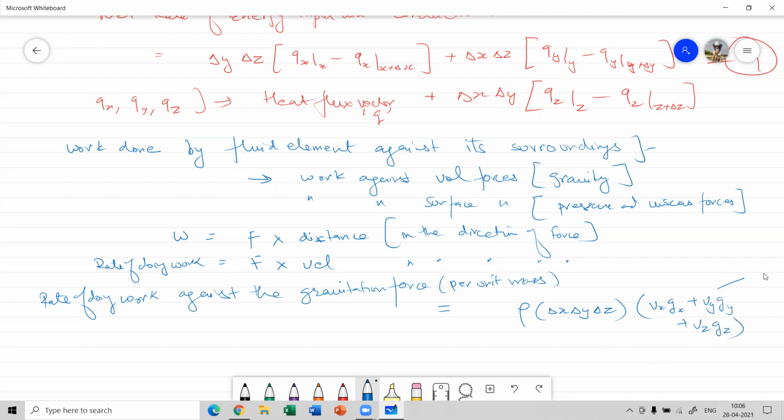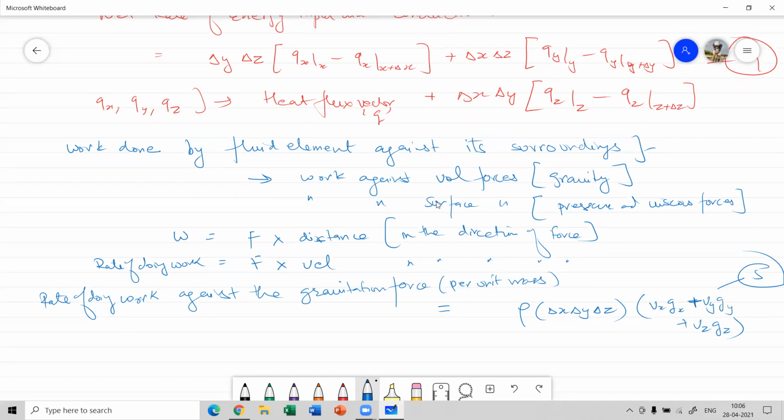So that's your equation number 5. That is the rate of doing work against the gravity forces per unit mass. So mass into this, force into your velocity component, and velocity with the gravitational factor. So this is the rate of doing work against the gravitational forces.